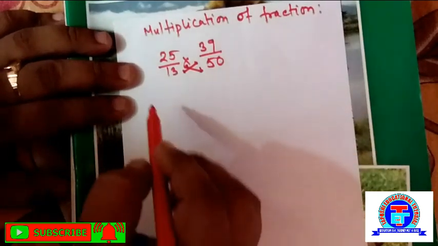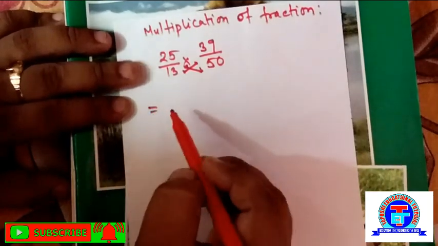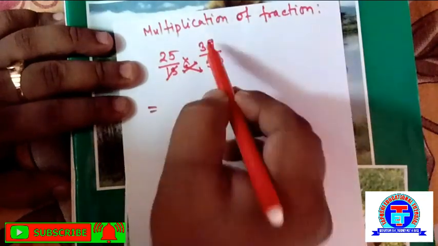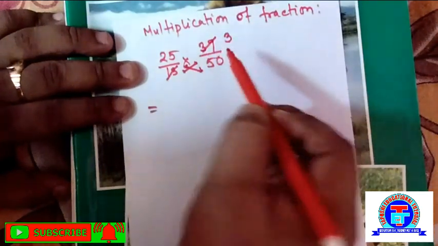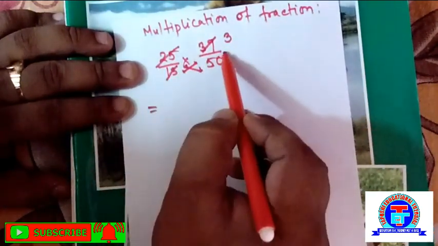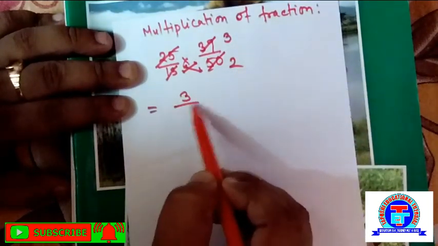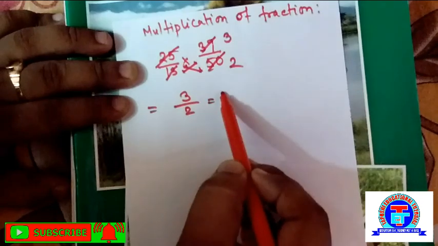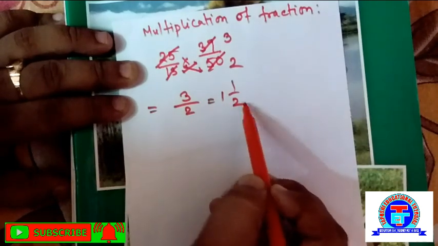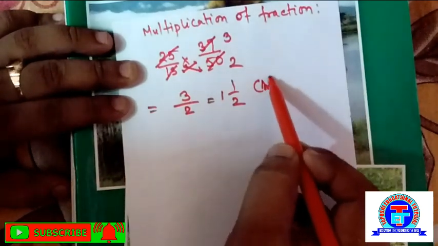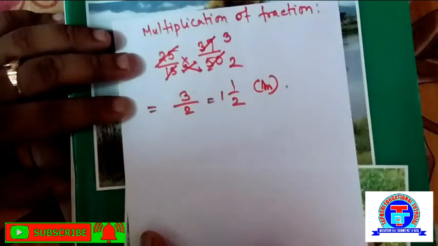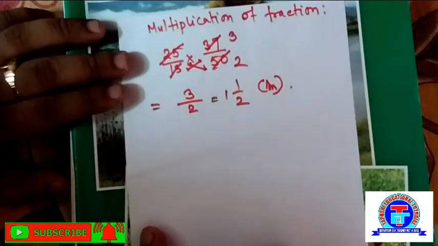So here 13 threes are 39 and 25 twos are 50, so this fraction will become 3 by 2, that means 1 whole 1 by 2. This is the answer. So simple is the multiplication of fractions.